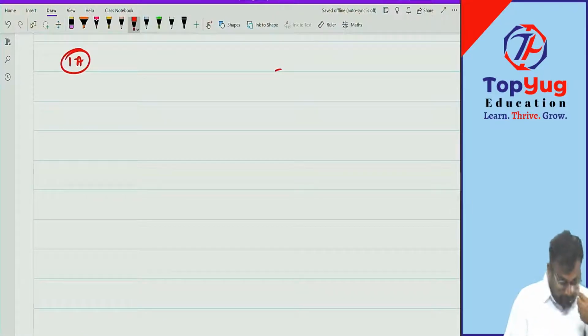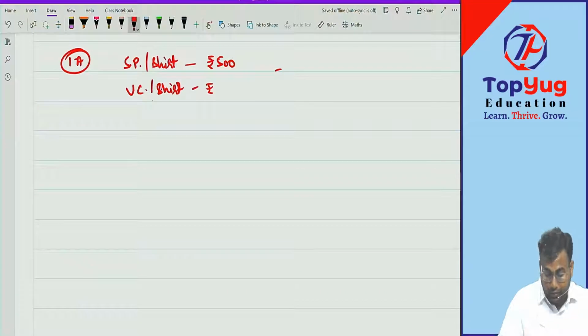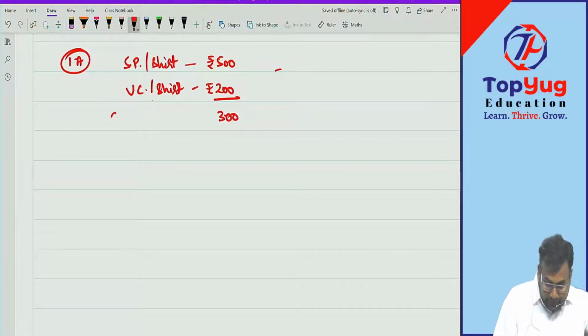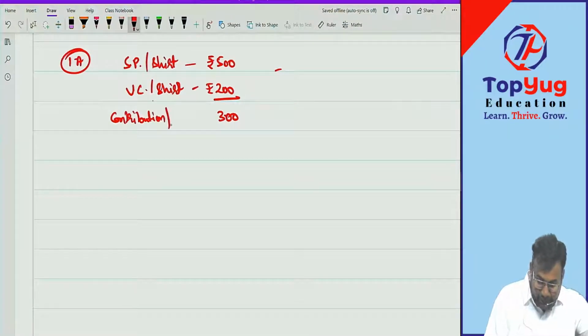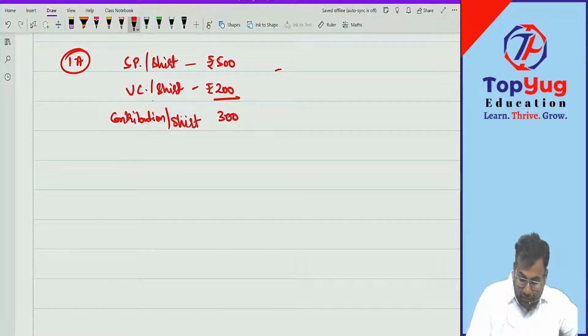Problem 1a, selling price per shirt rupees 500. Variable cost per shirt, how much is it? 200, right? So what is my contribution per unit? 300, very good. Now, how many units am I supposed to sell?